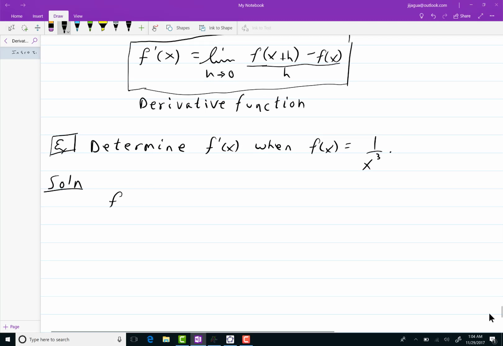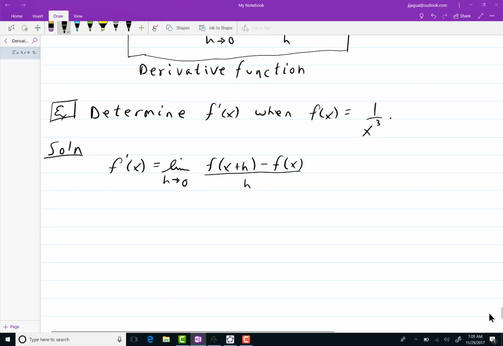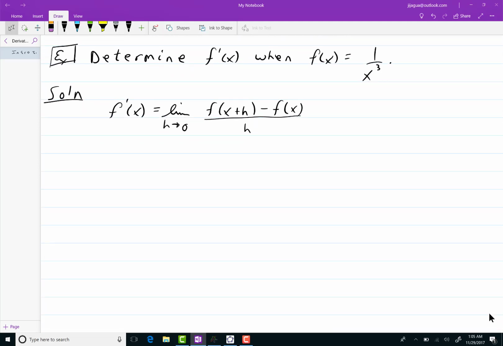F prime of x equals the limit as h goes to 0, f of x plus h minus f of x all over h. Now let me go ahead and plug it into the formula, which is 1 over x cubed. Limit. As I said, this is not the easiest example to start with, but I've done plenty of others.